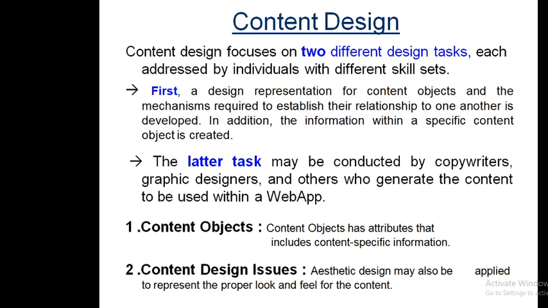Content design means that when you are designing the content, you must also use aesthetic design. In that manner, if you design your content objects, they represent the proper look and feel of the content. That is, how you are representing your content in a web application is nothing but content designing.